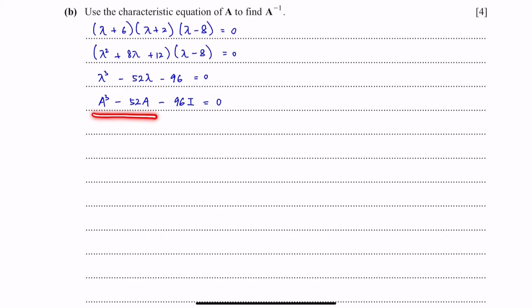It doesn't make sense for these two matrices to be minusing this random number without the I. So we can divide this whole equation by A, so we get A squared minus 52I minus 96 A inverse equals 0. And the inverse of A is basically just 1/96 times A squared minus 52I after rearranging the equation.